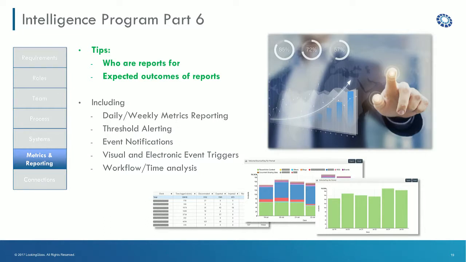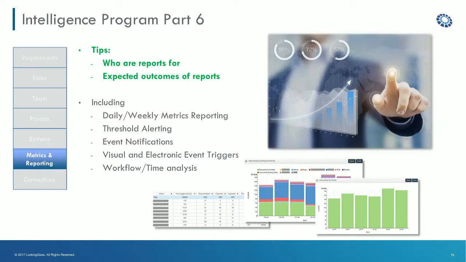Are they spending 8 hours a day analyzing events, or are they spending 8 hours a day dealing with API incompatibility issues? Those are the types of things where if you measure your end-to-end workflow, you'll start to get a picture of where to make it more effective.